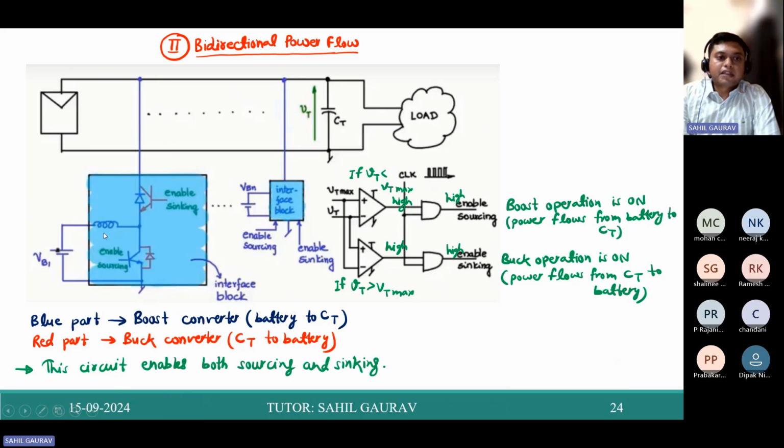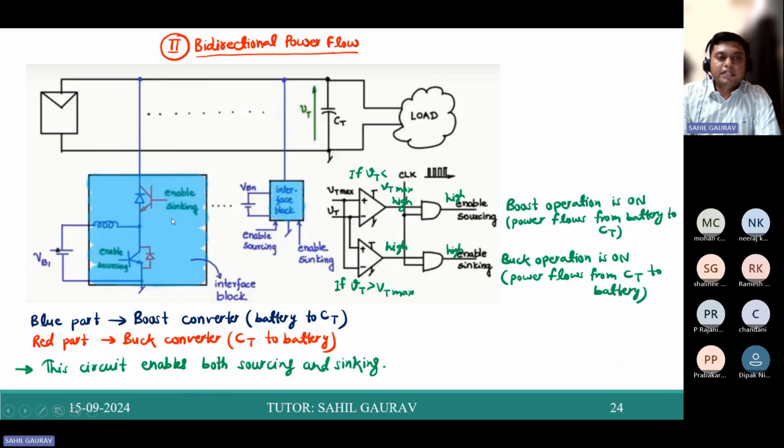The blue part represents the boost converter. In that part, power flows from the battery to this capacitor. And in the red part, if you interface this switch and this diode here, it will work as a buck converter, and power will flow from the capacitor to the battery.